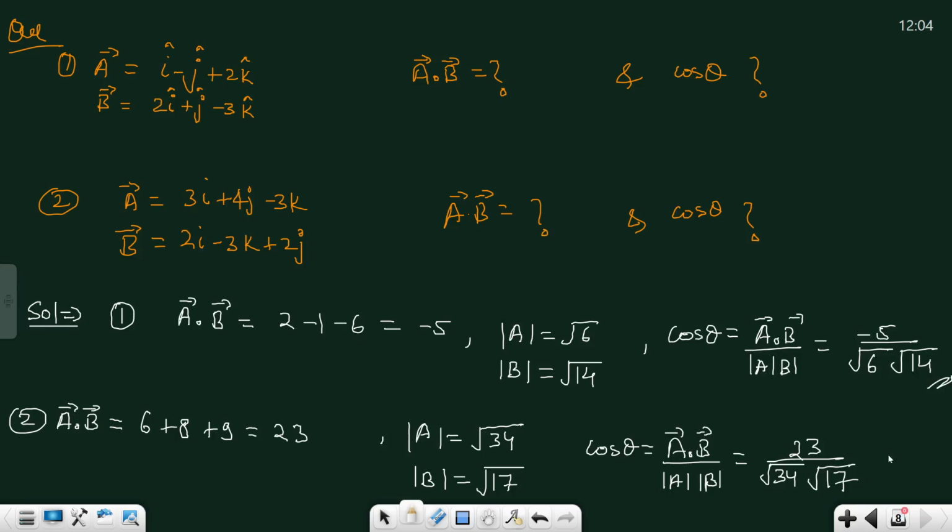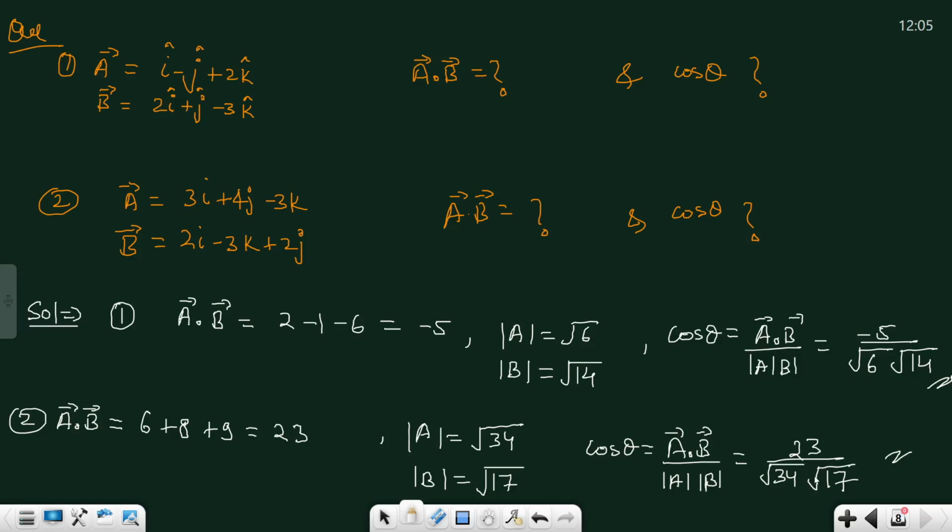Is it clear? Can we write this as root of 34 into 17? Yes, you can write. You can also simplify, you just need to simplify as per the option. If the option is in this form, why would you need the simplification? Then it can become 17 root 2, so it'll be 23 upon 17 root 2.